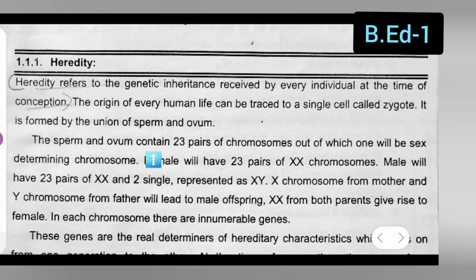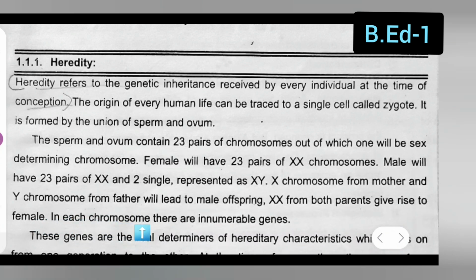The sperm and ovum contain 23 pairs of chromosomes, out of which one will be sex determining chromosome. Female will have 23 pairs with XX chromosome. Male will have 22 pairs and two single chromosomes represented as XY, and X chromosome from mother and Y chromosome from father will lead to a male offspring. XX from both parents will give rise to female.